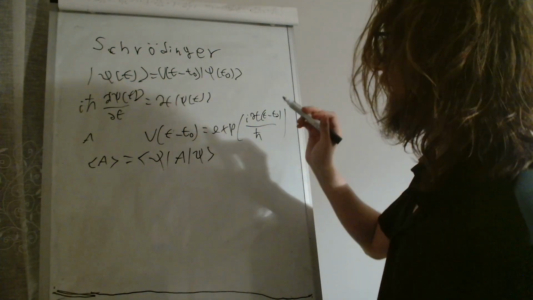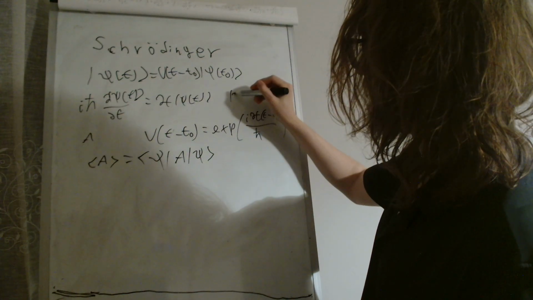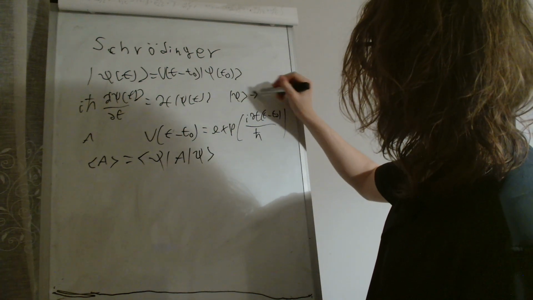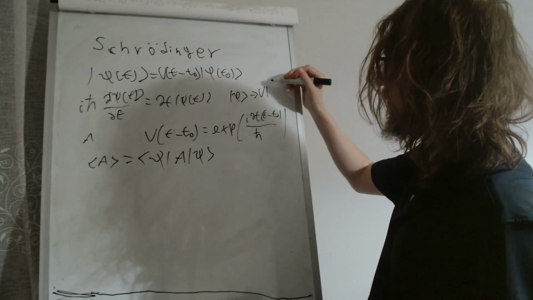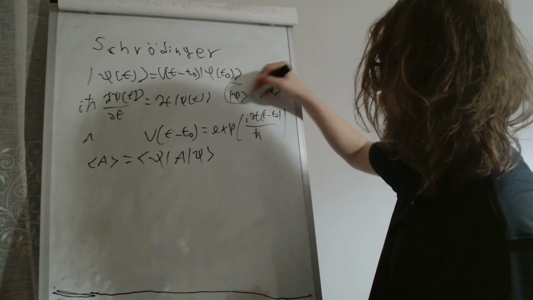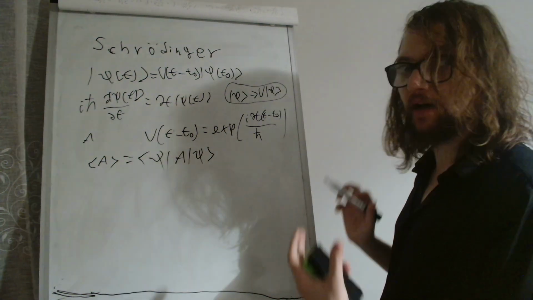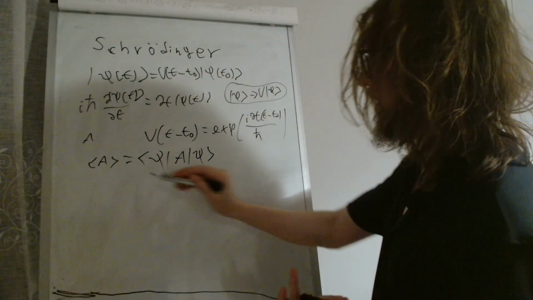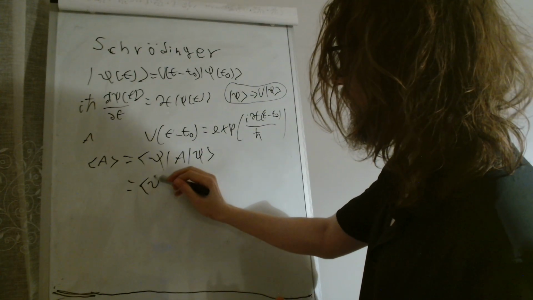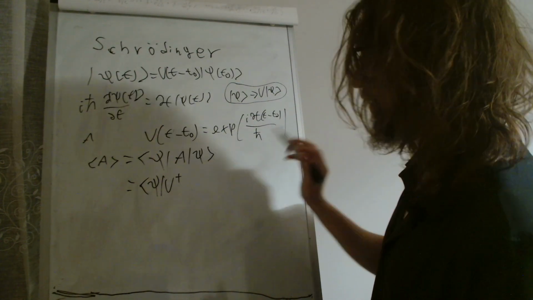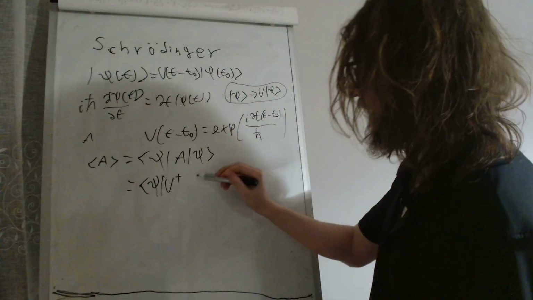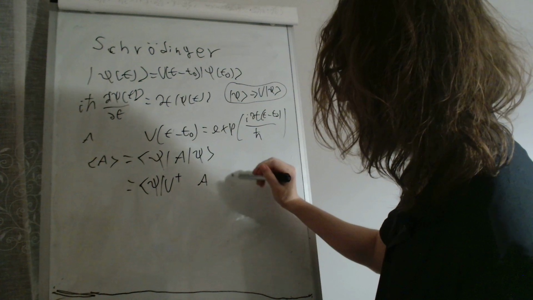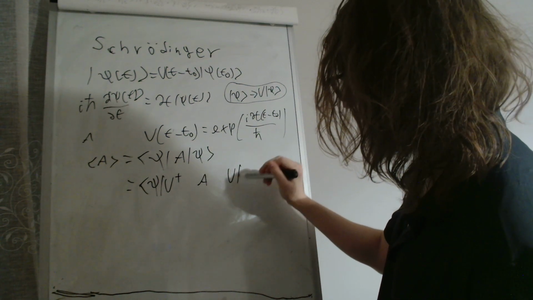For example, I can send psi to another representation of psi through a unitary transformation to have another picture of quantum mechanics. So the bra vector will be transformed with u dagger.